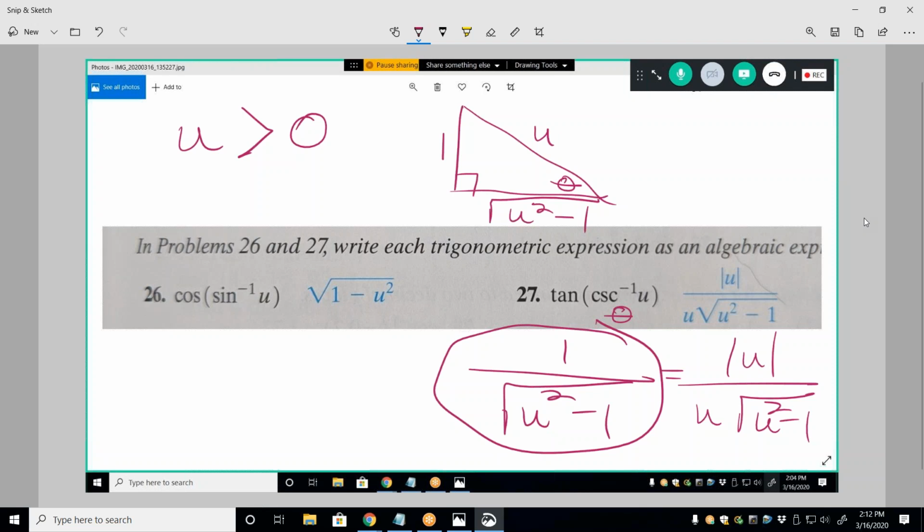I'm trying to think for a moment here. Let's see, do we know anything about quadrants? And why is the numerator absolute value and the denominator is not? The u in the denominator apparently can be negative.